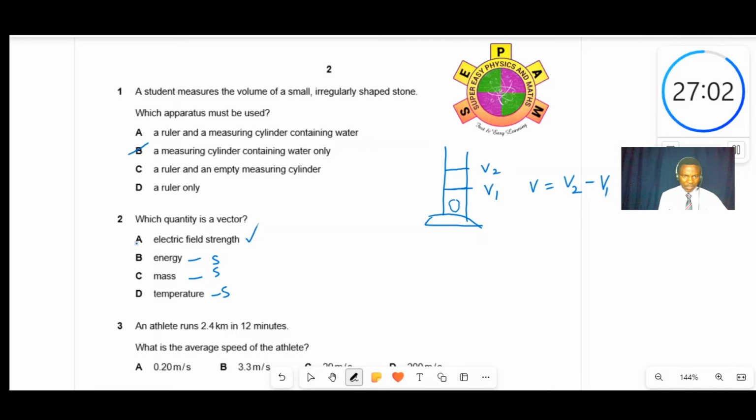Now, what are the other vector quantities? You can talk about velocity, displacement, acceleration, force, weight, momentum.